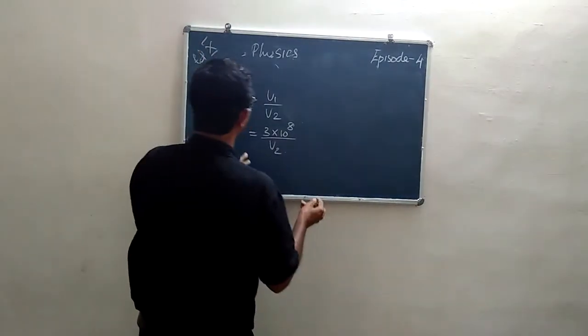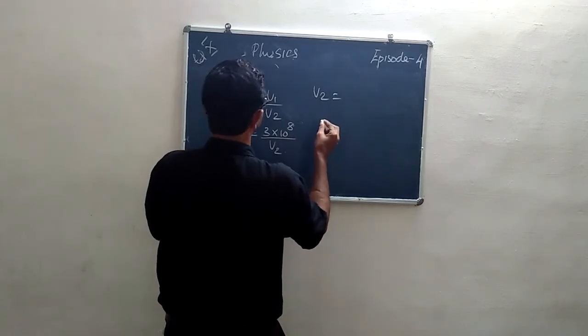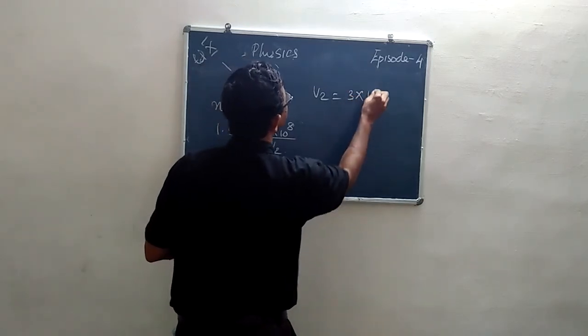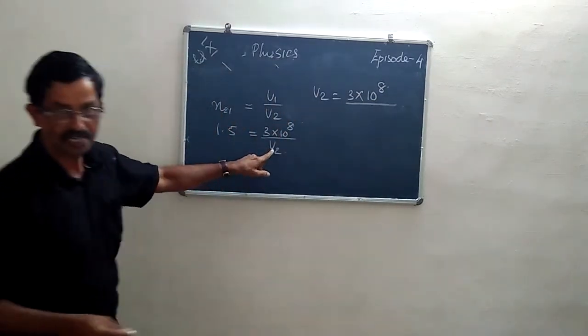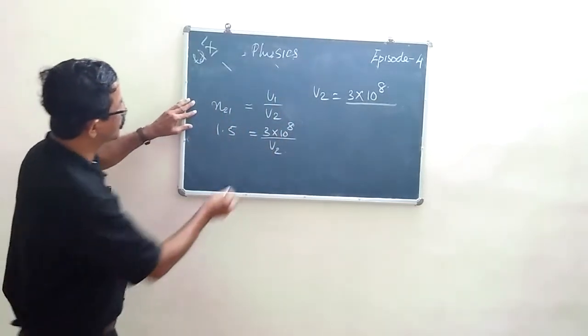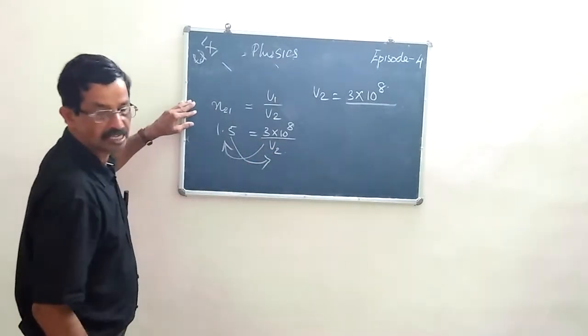So V2 is equal to 3 into 10 raised to 8 divided by 1.5. See, we want to find V2, so we change V2 to this side and 1.5 to the other side.